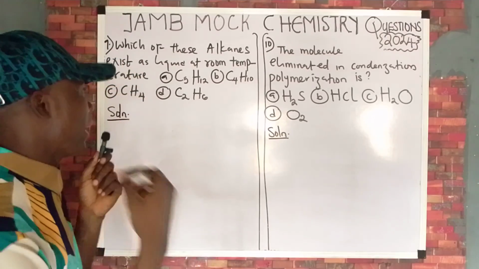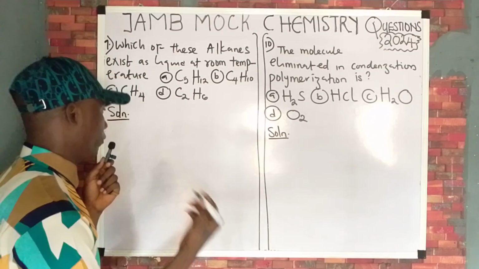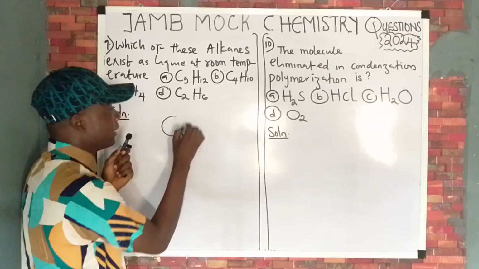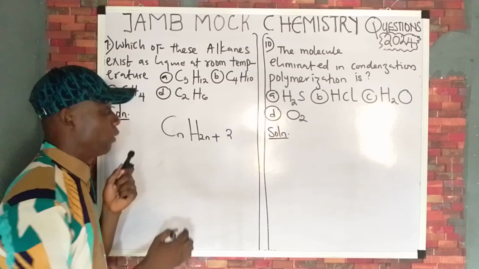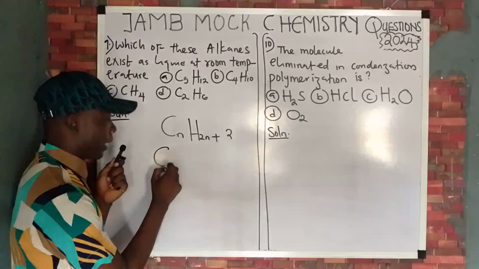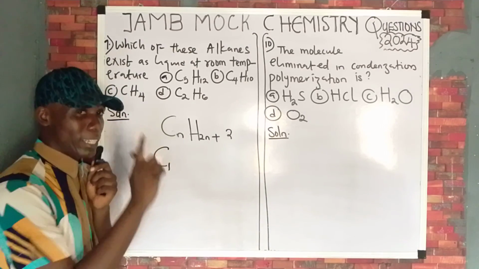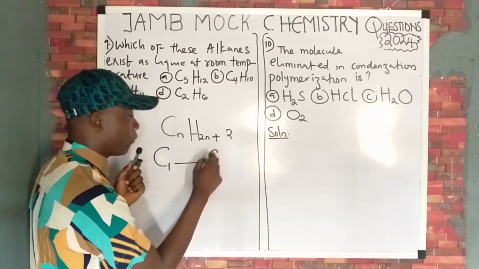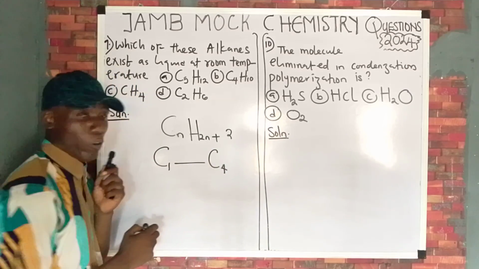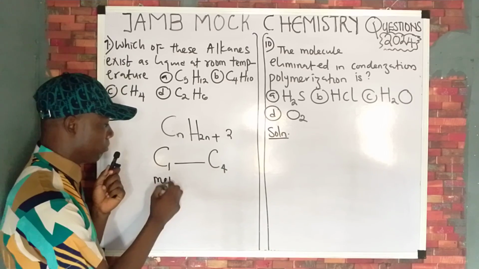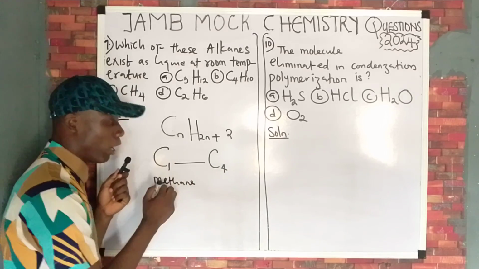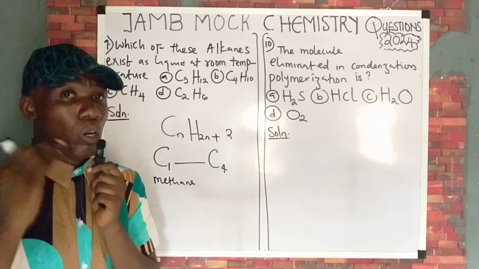And also, alkanes have a general molecular formula of CnH2n plus 2. Now, the first member of alkane, which is methane, has one carbon atom. That's the first member of the alkane homologous series.